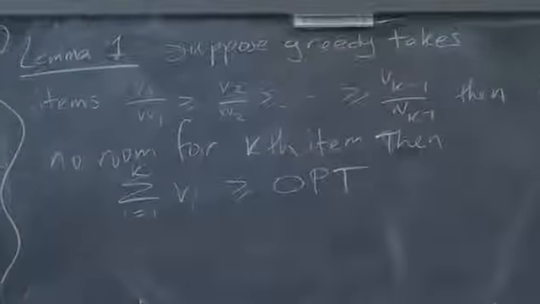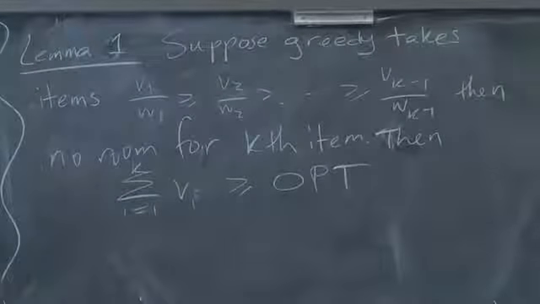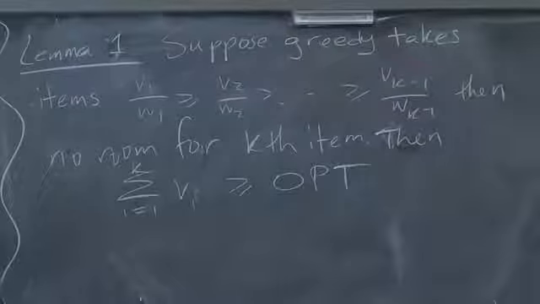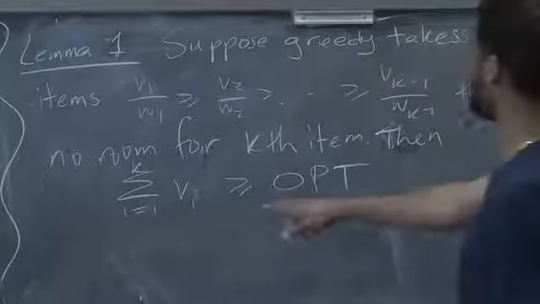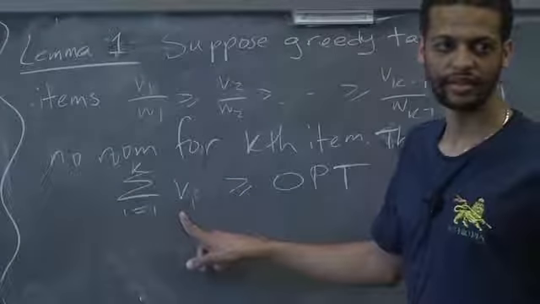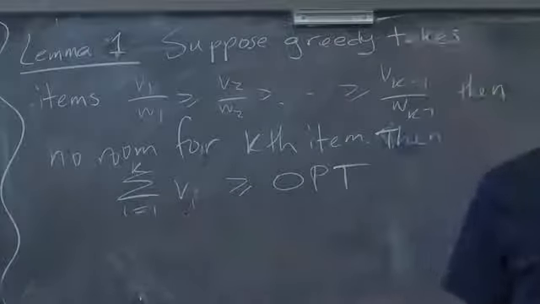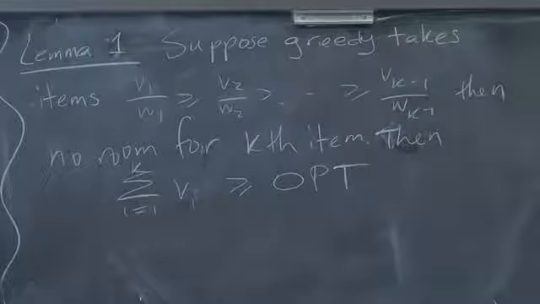If you add vk, you could almost double the value, because otherwise you would just fall into the second case. Wait, sorry, say it again. By the way, this sum includes vk. So if I take v1 to vk minus 1, then by adding vk I can almost double the value. Right, because if I did more than doubling the value, then I would be in the second case where I could just get it alone.